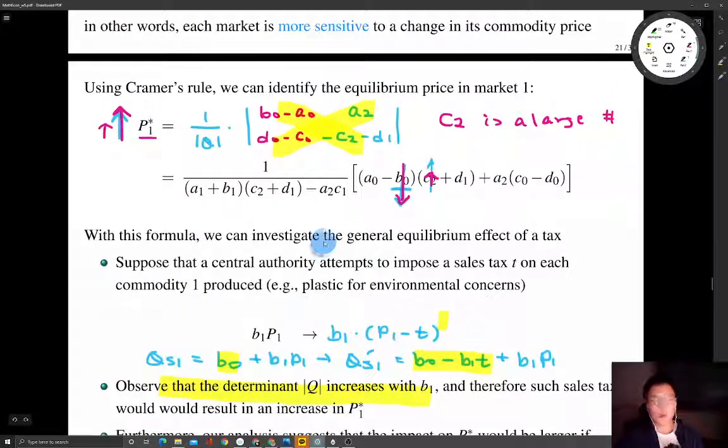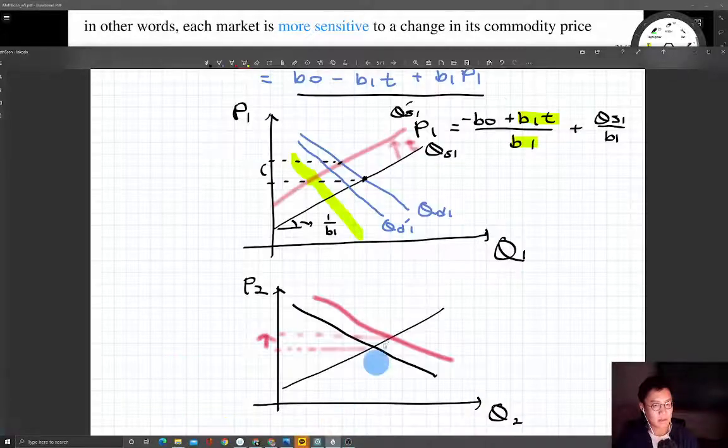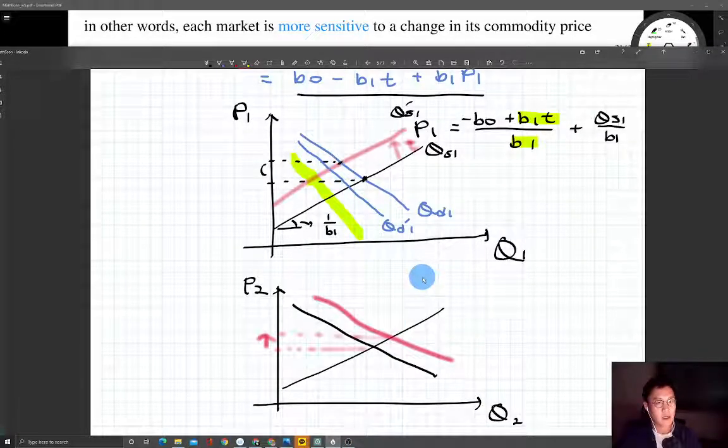Now we can think about the intuition behind that. What is the economic intuition behind this result? Let me take a specific example, because I started with the interpretation of good 1 as plastic.